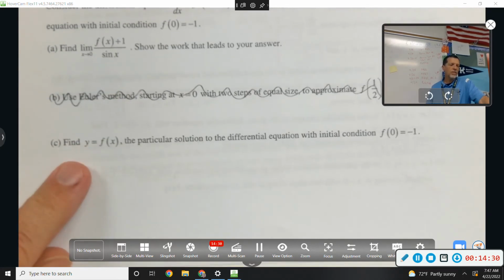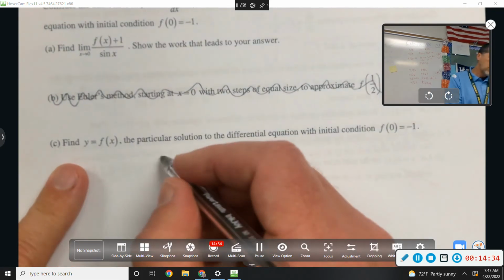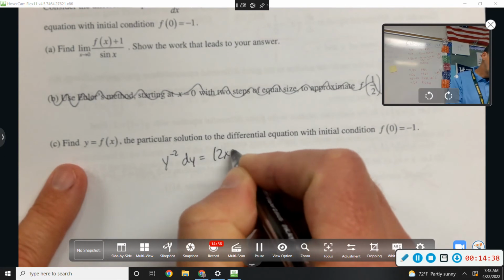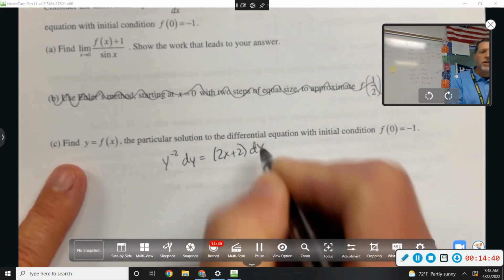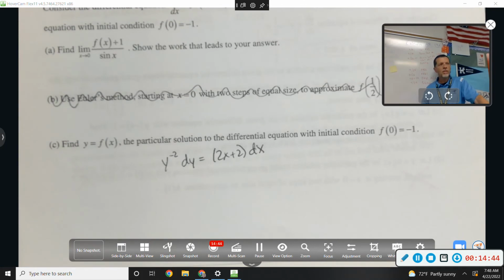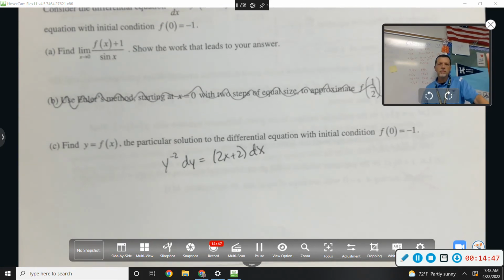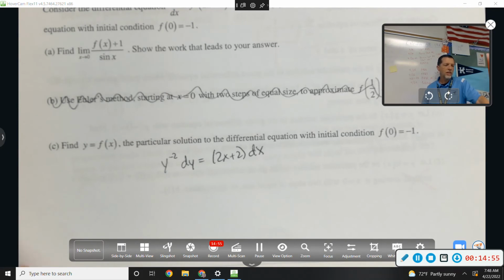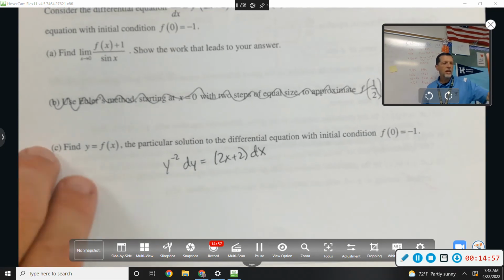And then part C, find the solution. That's where you have to separate the variables. I'm going to stop there. But that gets me 1 point already. And then integrate both sides and find C, and that's probably worth like 6 points on the A/B test.